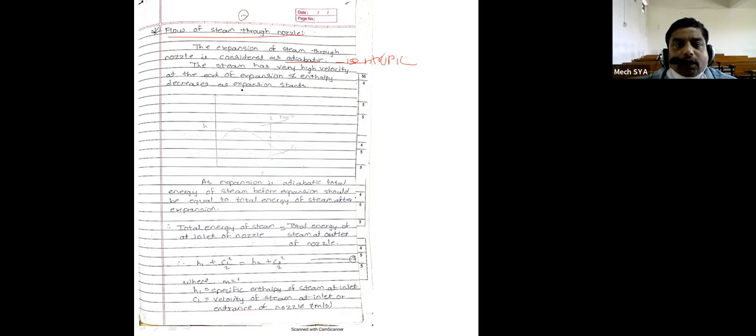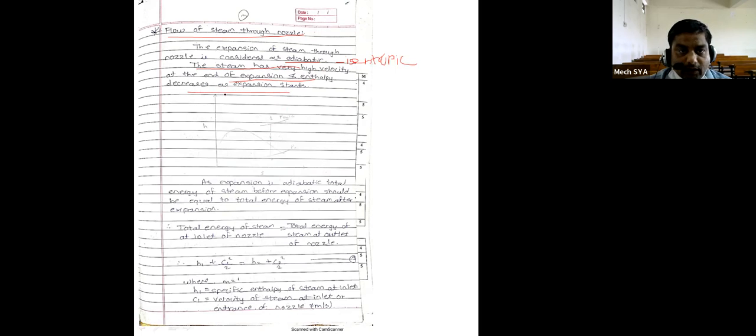Then the steam has a very high velocity at the end of expansion, because all pressure energy gets converted into velocity, and enthalpy decreases as expansion proceeds.